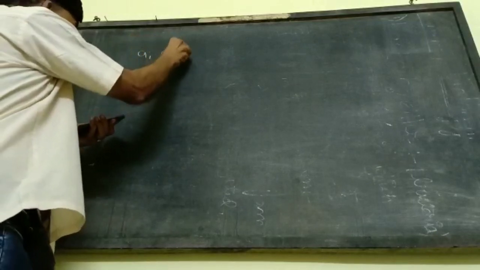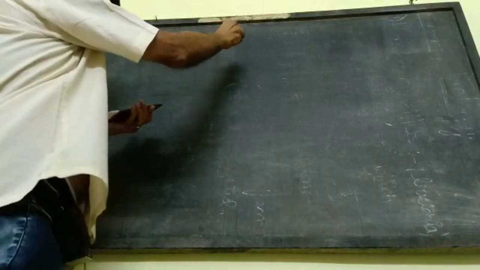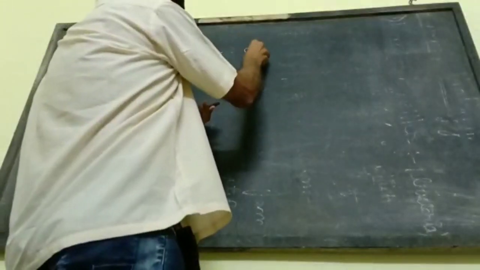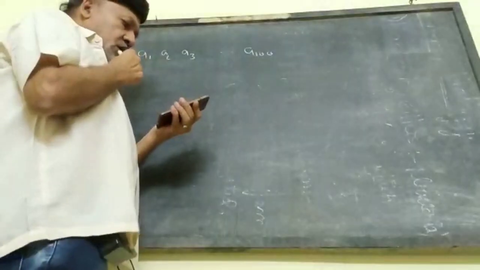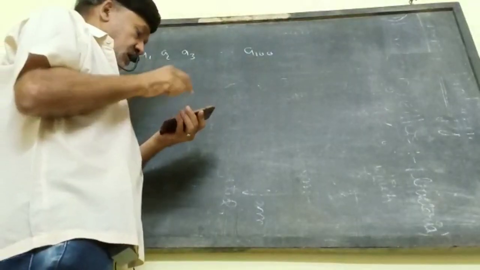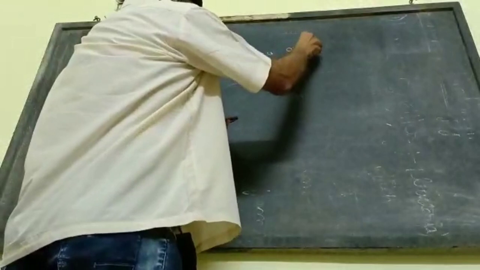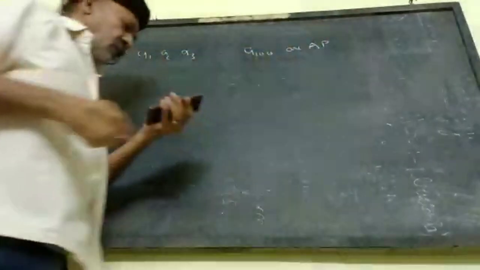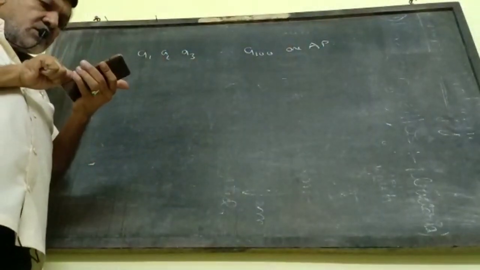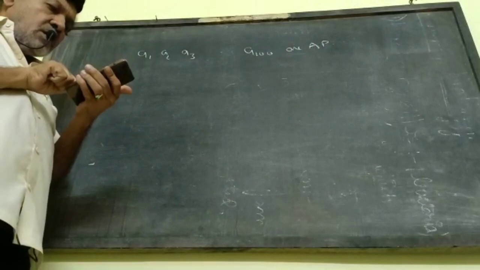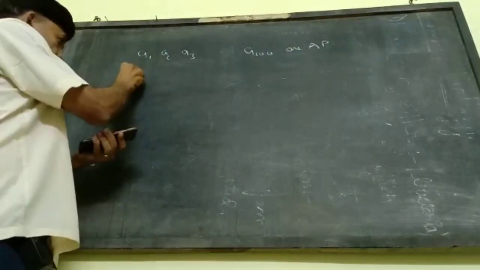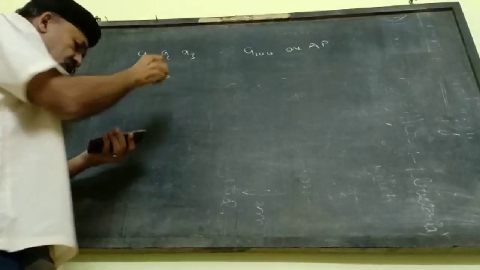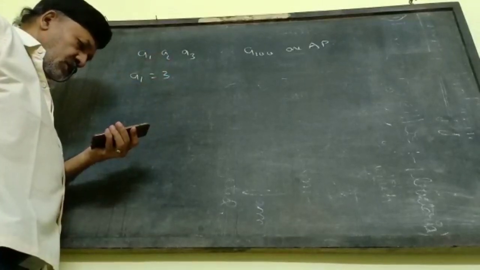A1, A2, A3, etc., A100 are in AP with A1 equal to 3.